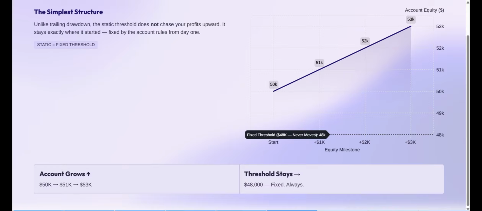Now imagine your account grows from $50,000 to $51,000, and then to $53,000. The key concept is that the static threshold doesn't simply move upward with your profits like a trailing threshold. So remember it this way: static equals fixed. It's a drawdown structure that can be easier to understand because the threshold doesn't continuously chase your account higher.